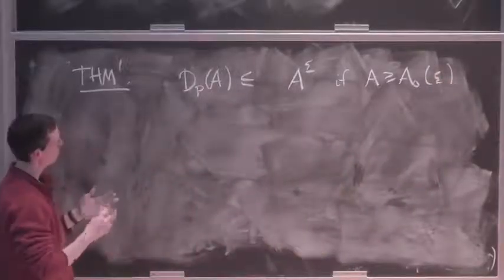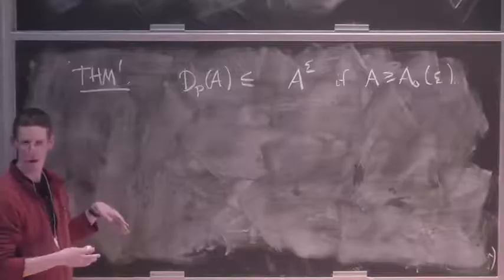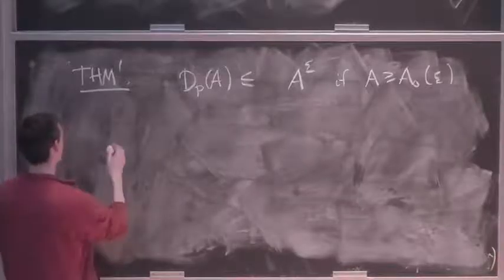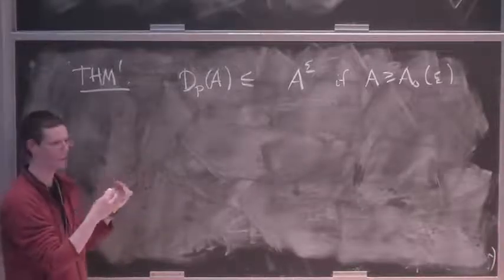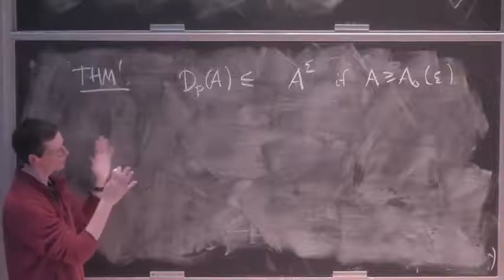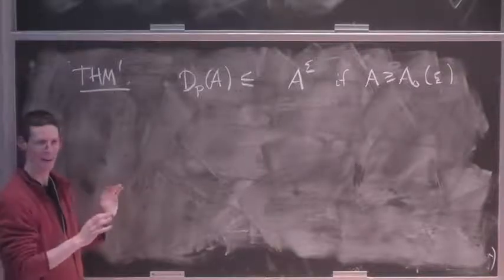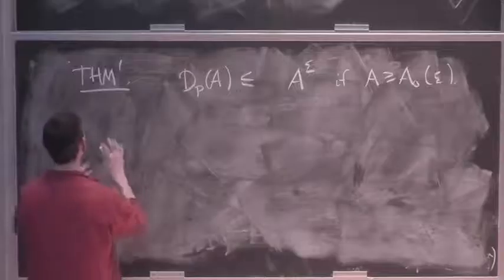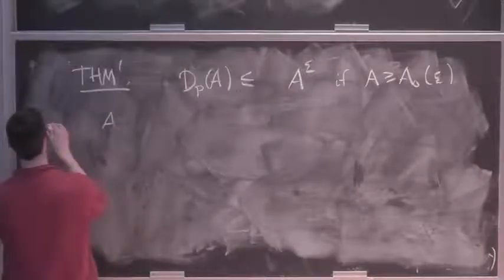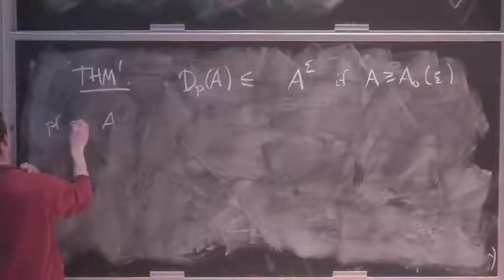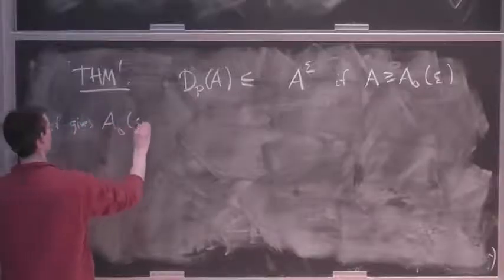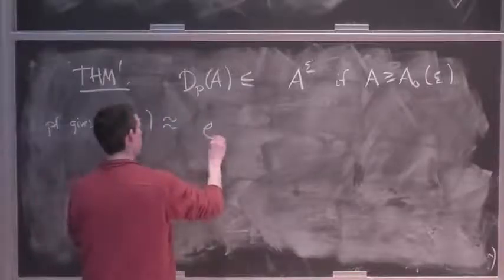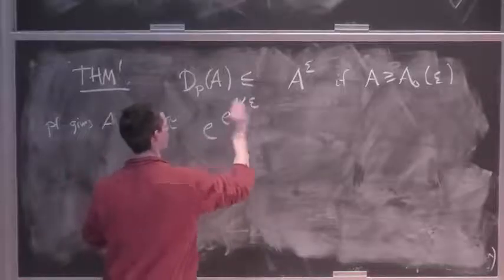It's an interesting exercise to go through the proof and figure out what a naught of epsilon is. I had lunch with a graduate student who's doing that very carefully, and he's going to write detailed and correct things. But anyway, my sense is that the proof gives a naught of epsilon as something like e to the 1 over epsilon.